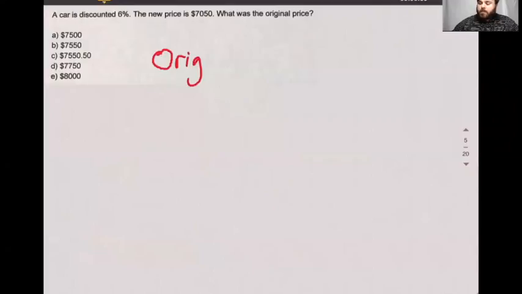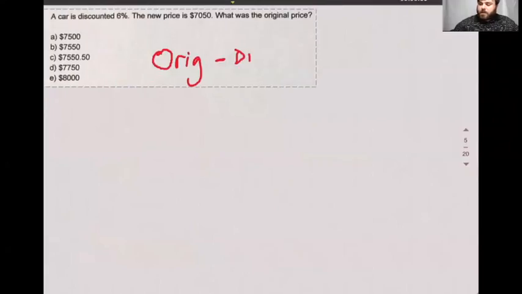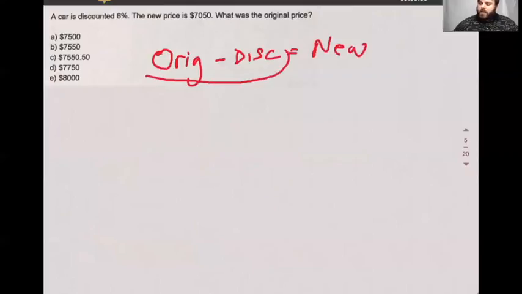minus the discount equals the new price. Now remember, when we want to find the discount, what we do is we multiply the original times, what would it be if it was 6% discounted? What percent would you say this is? If it's a 6% discount of the original price, then it's 94%.